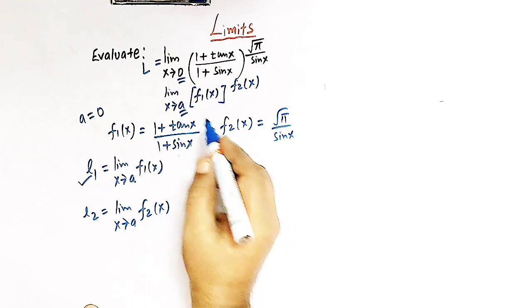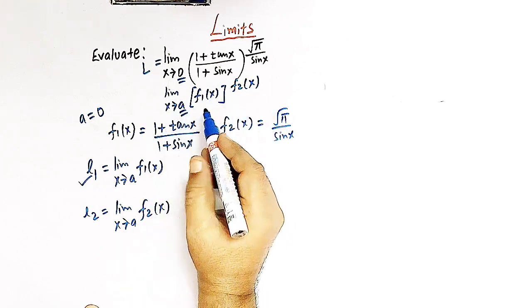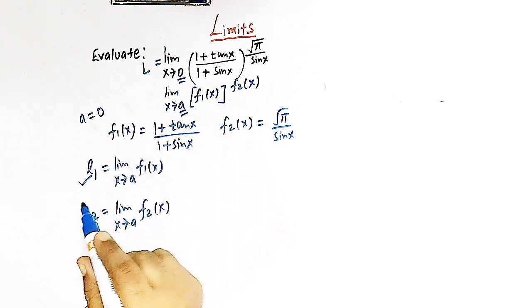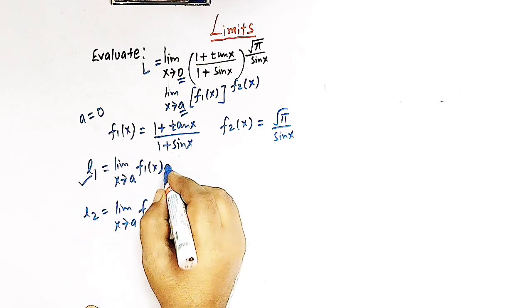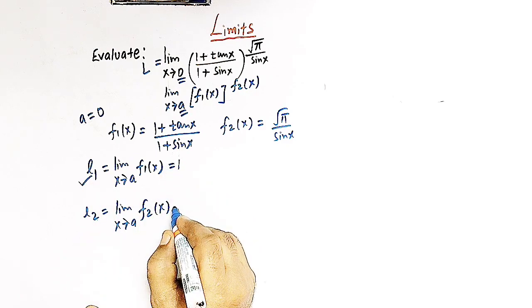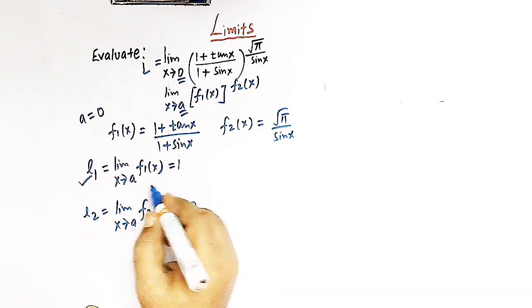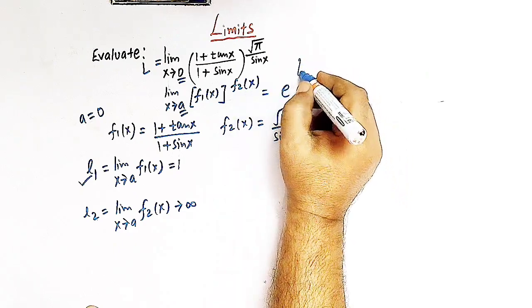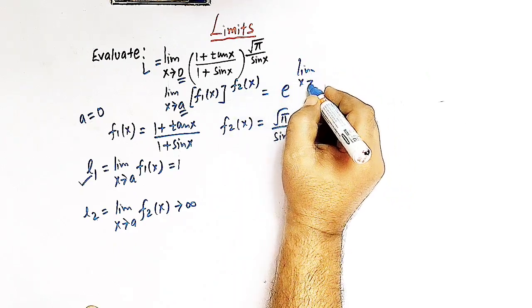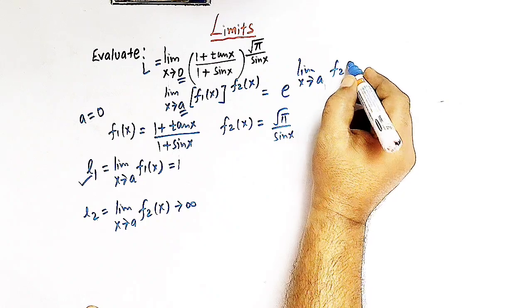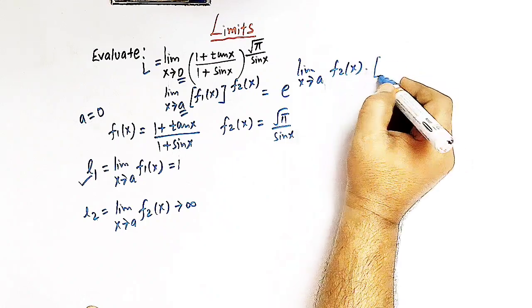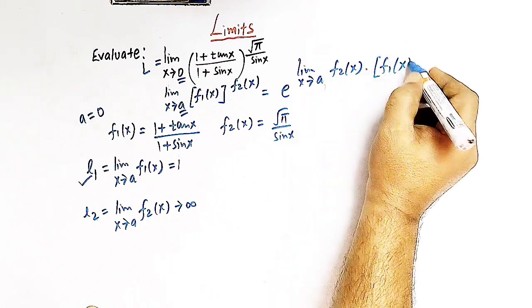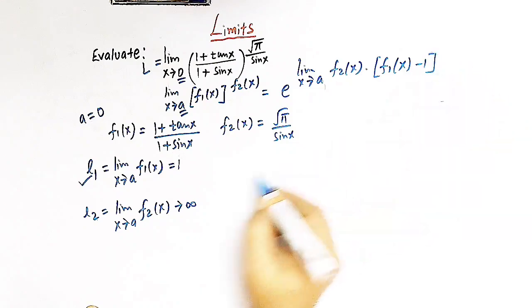So we have just seen that whenever we have a limit of this sort, where L1 is equal to 1 and L2 is not defined, then the value of this limit is given by e raised to limit x tends to a of f2(x) multiplied with f1(x) minus 1, right?